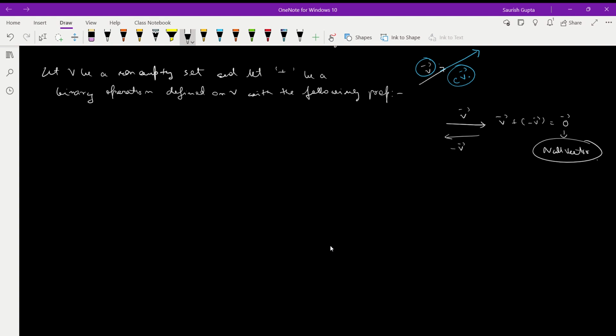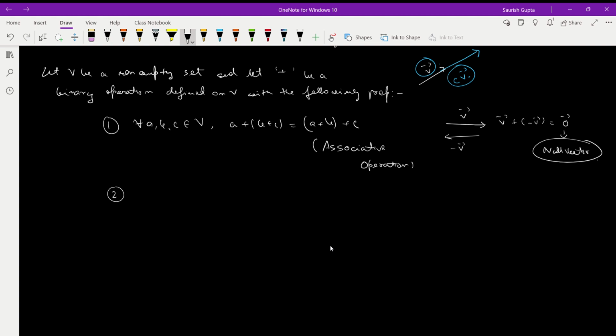So the properties are: number one, for all A, B, C in the non-empty set V, A plus (B plus C) is the same as (A plus B) plus C. So this is the associative property. It does not matter in a linear addition which pair of elements you group first to add.